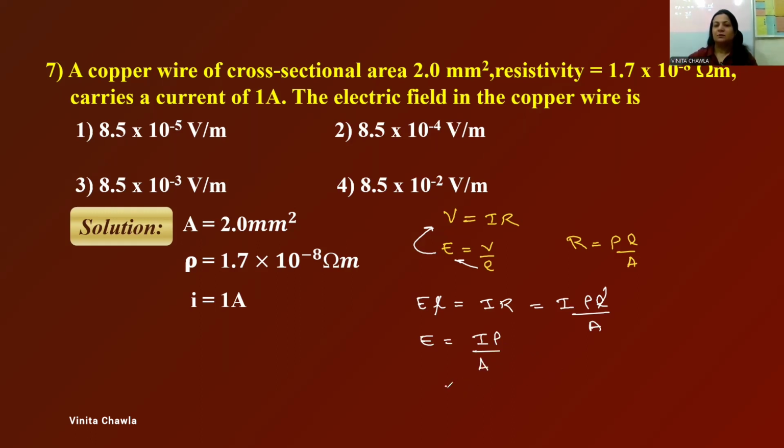I is 1 ampere, rho is 1.7 into 10 raised to the power minus 8 and A is 2 millimeter square. Convert this into meter square. So 2 into 10 raised to the power minus 6.